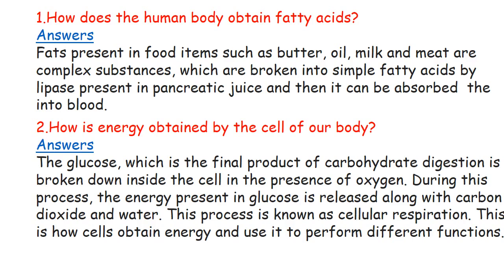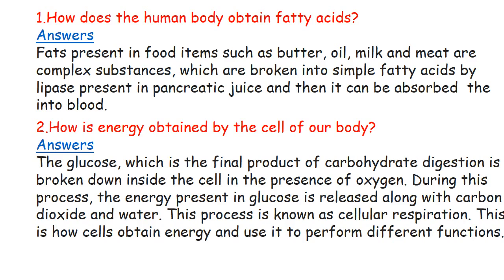In pancreatic juice, an enzyme called lipase is present which helps to break down the fats into simple fatty acids. And then when the fat is completely broken down into fatty acids, it can be absorbed into the blood. Okay?